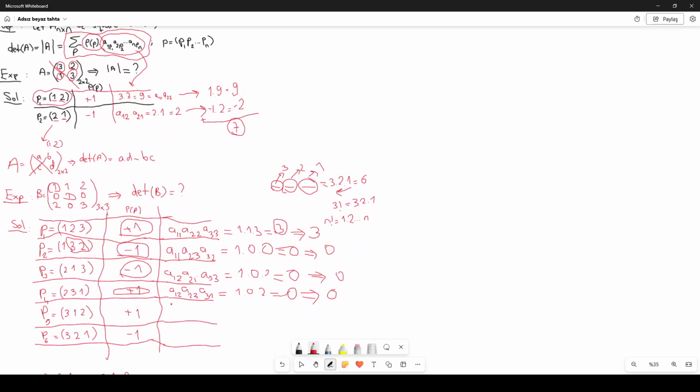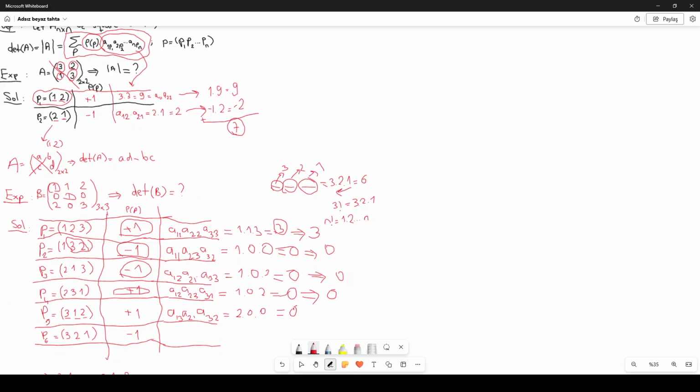Okay, continue. Now what do we have? A1, 3, right? P1 is 3, P2 is 1, and P3 is 2 here. So A2, 1, and A3, 2. So the result is, okay, A1, 3 is 2, A2, 1 is 0, and A3, 2 is 0 again. So we have one more 0 here.